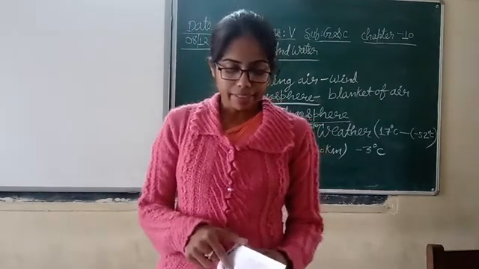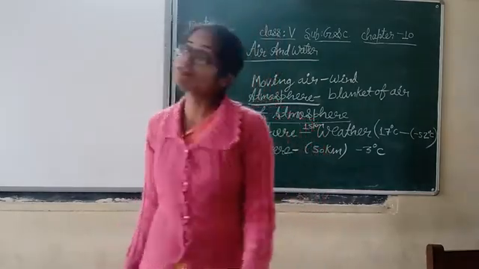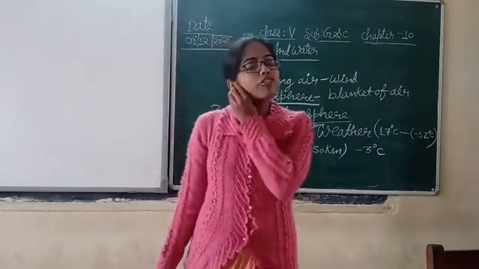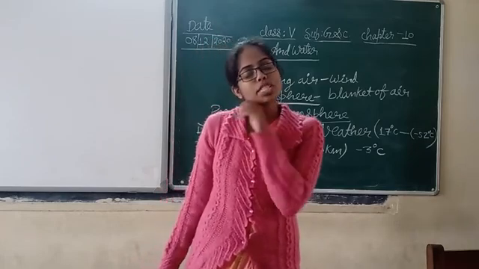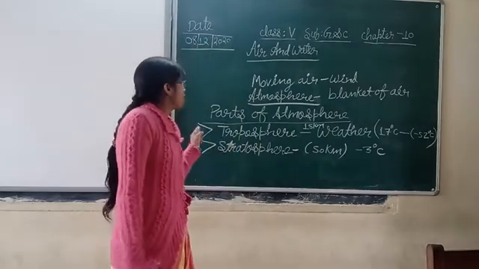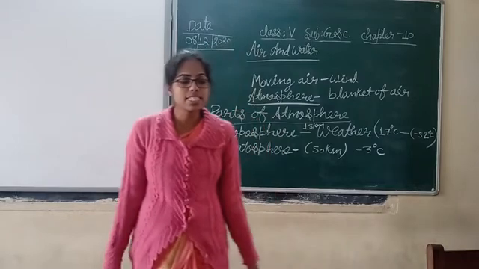What is the function of the ozone? Ozone traps the harmful ultraviolet rays of the sun, and due to the absorption of these rays, the temperature here increases up to -3 degrees Celsius.